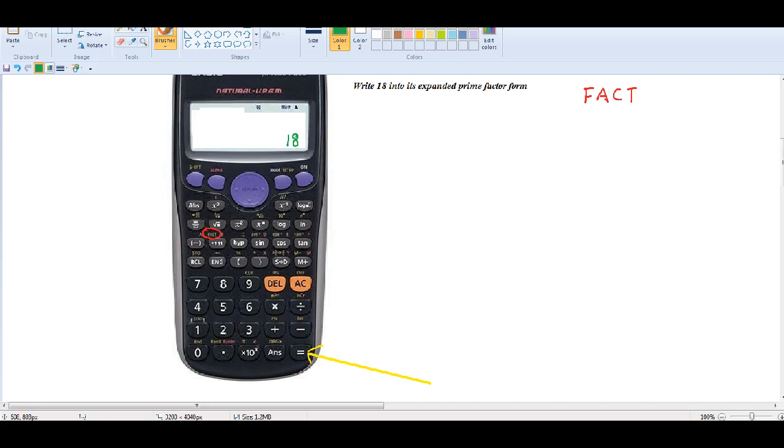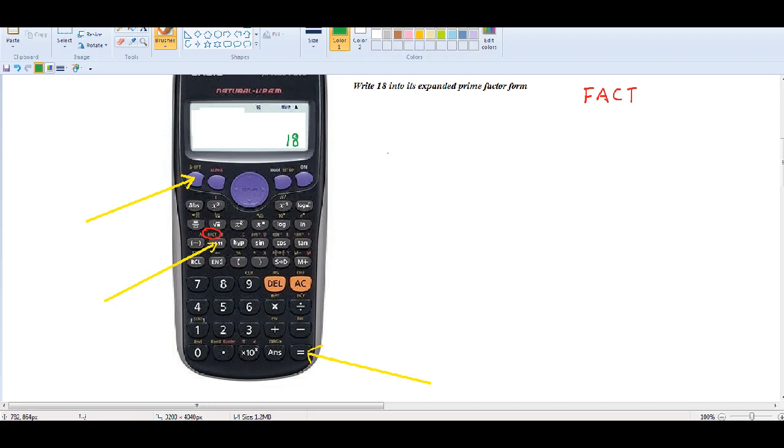You see 18 is right here. Then you press that shift, and after that you press this one.